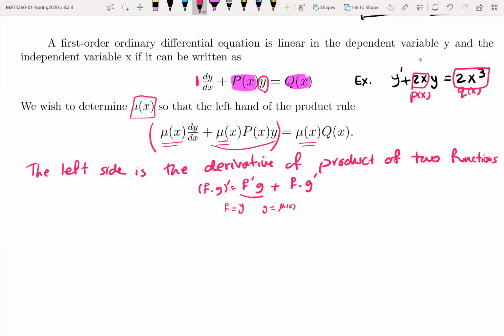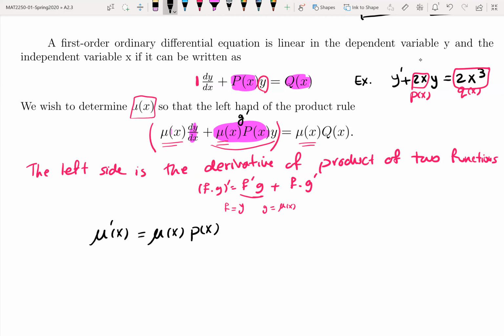So this side is the derivative of y times g of x, and this side has to be the derivative of g times y. So this has to be the derivative of g. This is just telling me that whatever mu prime is must be mu of x times p of x.